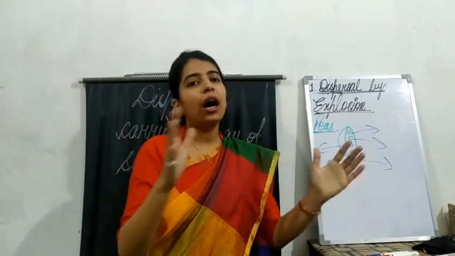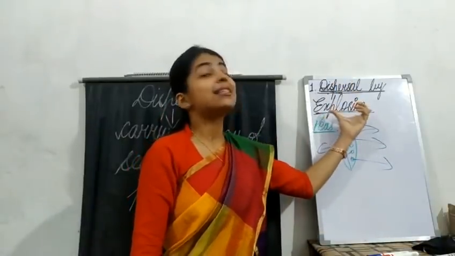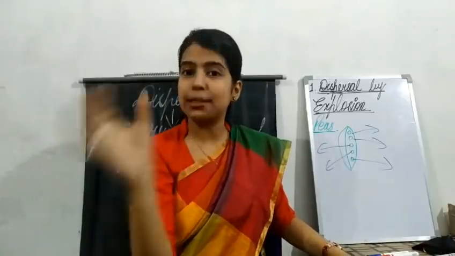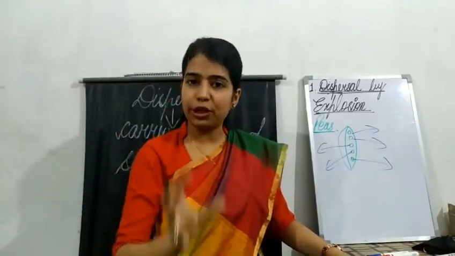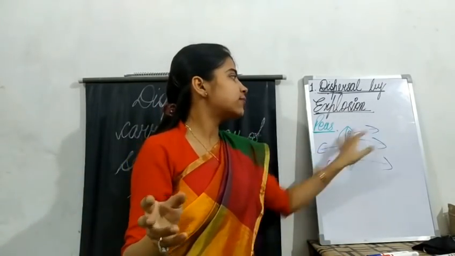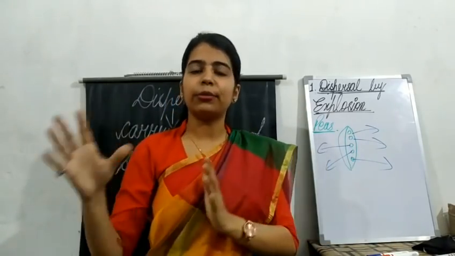Wherever they fall, a new plant will come out. That is why this agent is termed explosion, because the fruits mature, get ripe and explode. Once they explode, the seeds fall in different directions and hence are carried away from the parent plant.